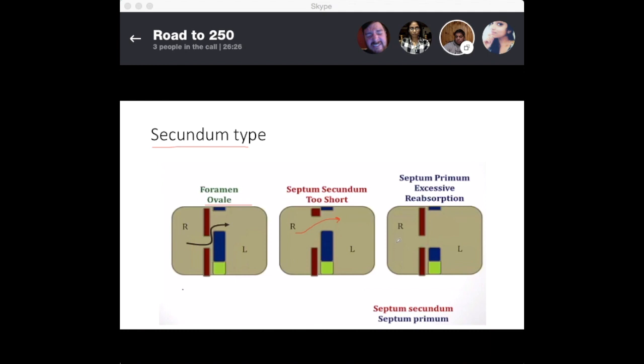If it reabsorbs too much, it'll always constantly leave this big gap in between. So this is the most common type of secundum issue, and I hope that makes sense. Anybody have questions about it?